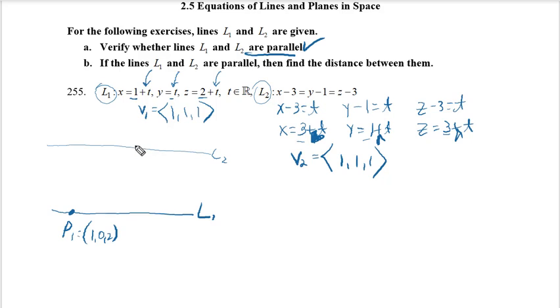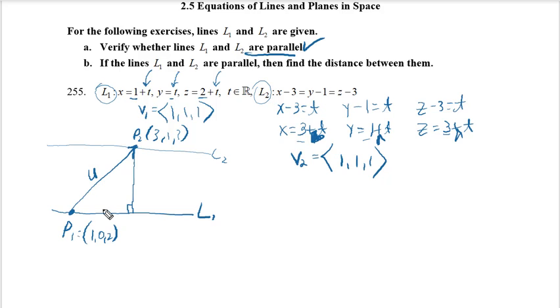And we need a point on line 2. So a point on line 2 is 3, 1, 3. And again, just like we've already done a couple of times before, we have this vector that we can project onto here.